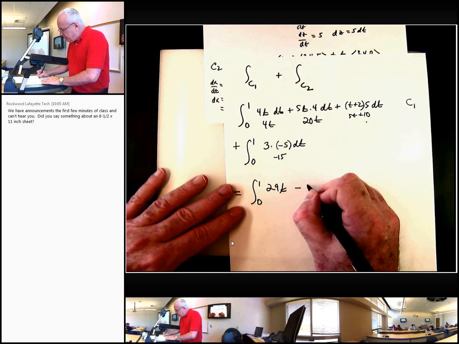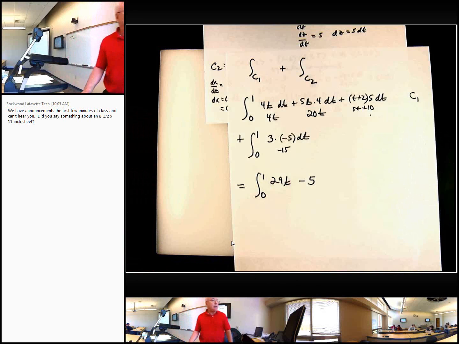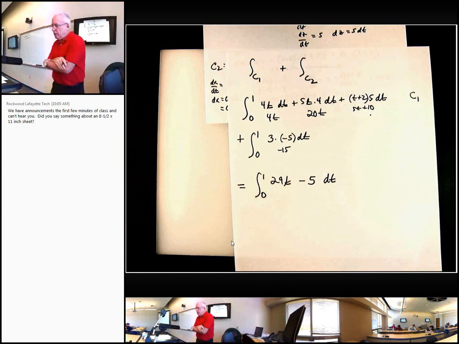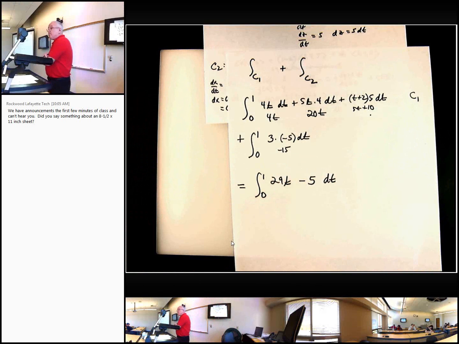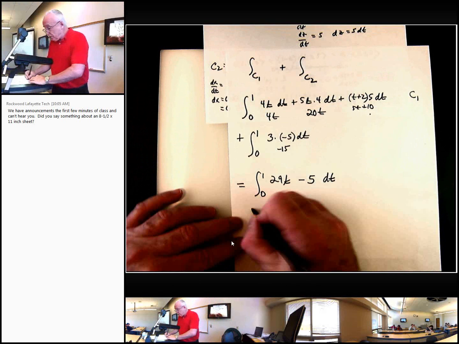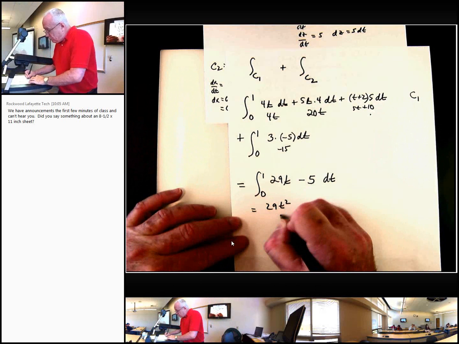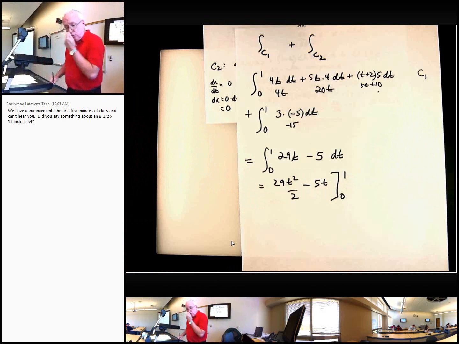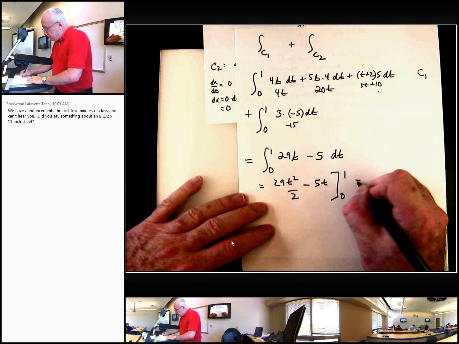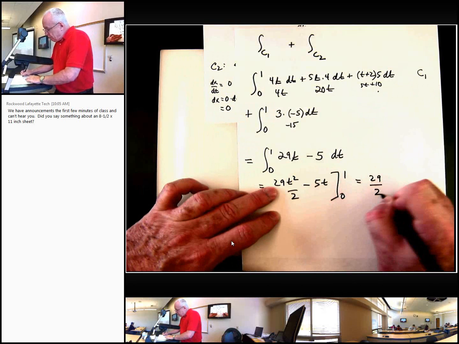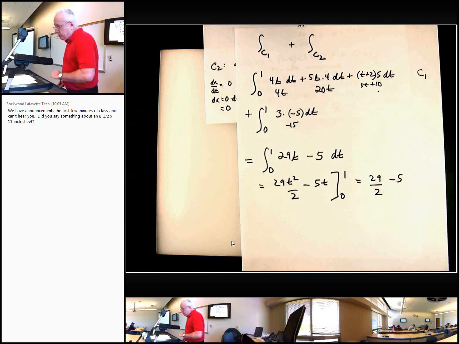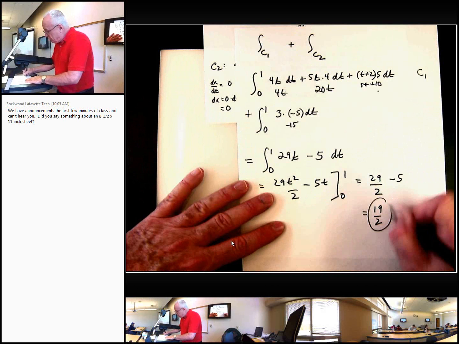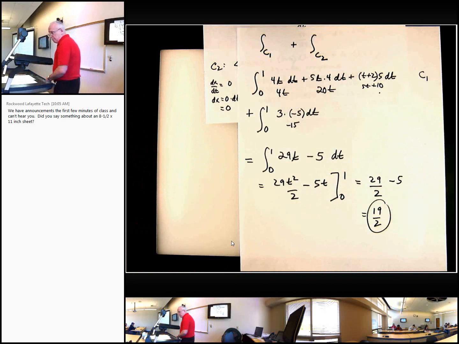So I have 10 minus 15, which is minus 5, and then dt. So let's figure this out. We've got 29t squared over 2 minus 5t, going from 0 to 1. The only thing we're going to have left is 29 over 2 minus 5 times 1, and that simplifies to 19 over 2. And that's our answer.